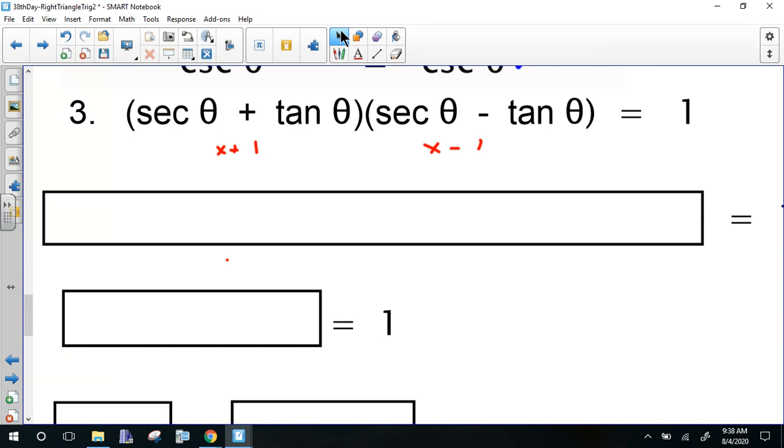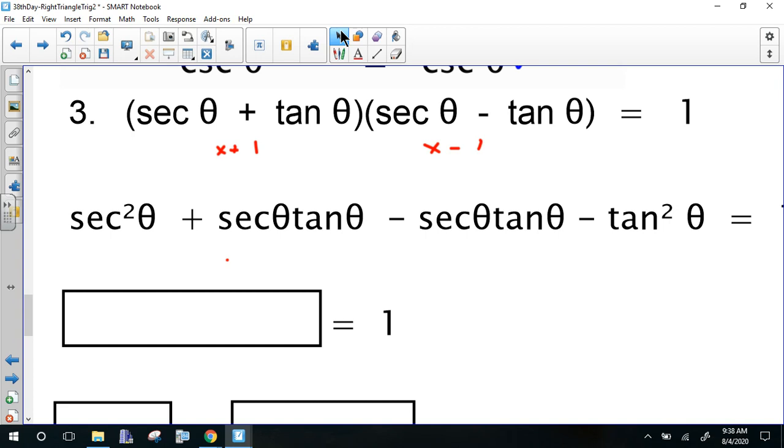You've multiplied two binomials together before. So let's do that. Secant times secant is secant squared. That's the first ones. Then we have secant times tangent, which is a negative, and secant times tangent, which is a positive. And then we have tangent times tangent, which is tangent squared.